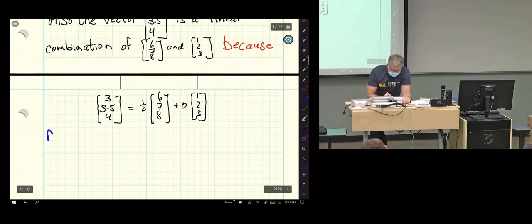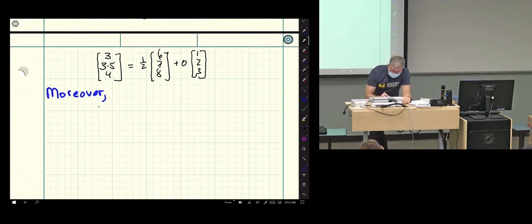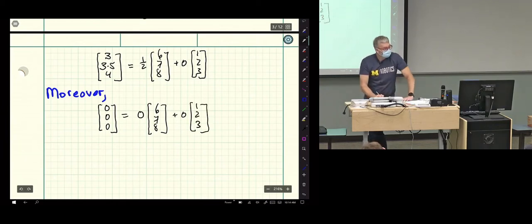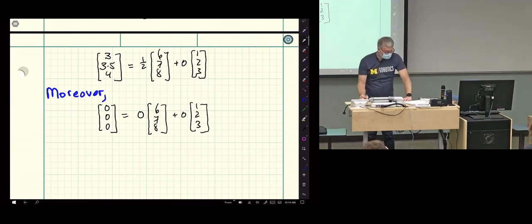Okay. Then moreover, let's just get over the obvious and accept it. I can write the 0 vector as being 0 times 6, 7, 8, plus 0 times 1, 2, 3. I'm just doing component-wise arithmetic, so that all works out.